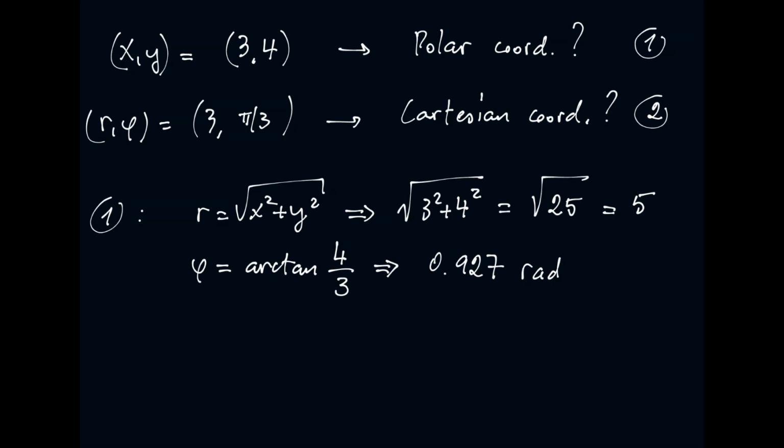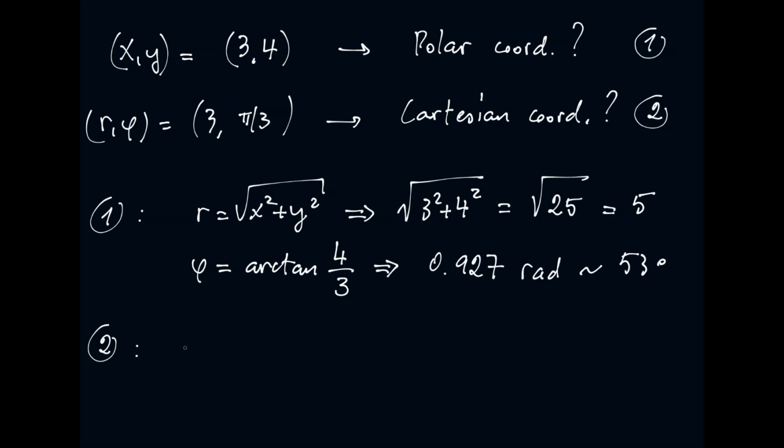A radian is something like 57 degrees. So I'm guessing this is 53 degrees or something like that. We could actually do this by multiplying by 180 and dividing by pi, and so this is 53 degrees. Wonderful.